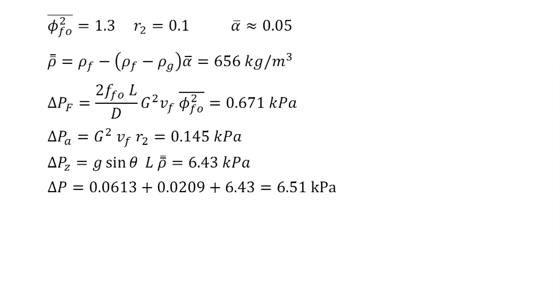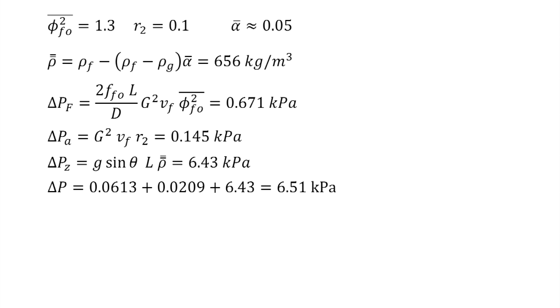and for the given pressure and outlet quality we get phi FO square bar equal to 1.3 and R2 equal to 0.1, and alpha bar is roughly estimated as 0.05.